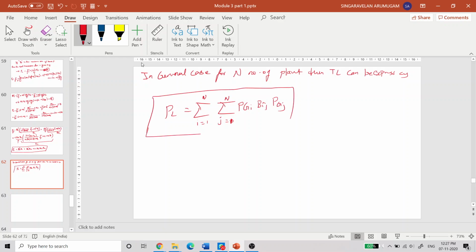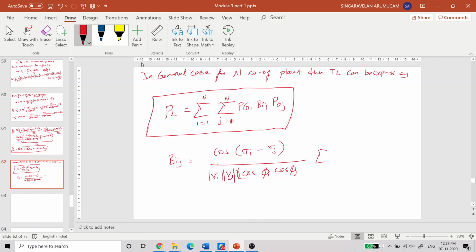So this is the generalized equation for the transmission loss, and here Bij is nothing but cos(delta i minus delta j) divided by Vi Vj, cos phi i cos phi j, and the summation of the terms with Rp will come. So this is nothing but this Bij.